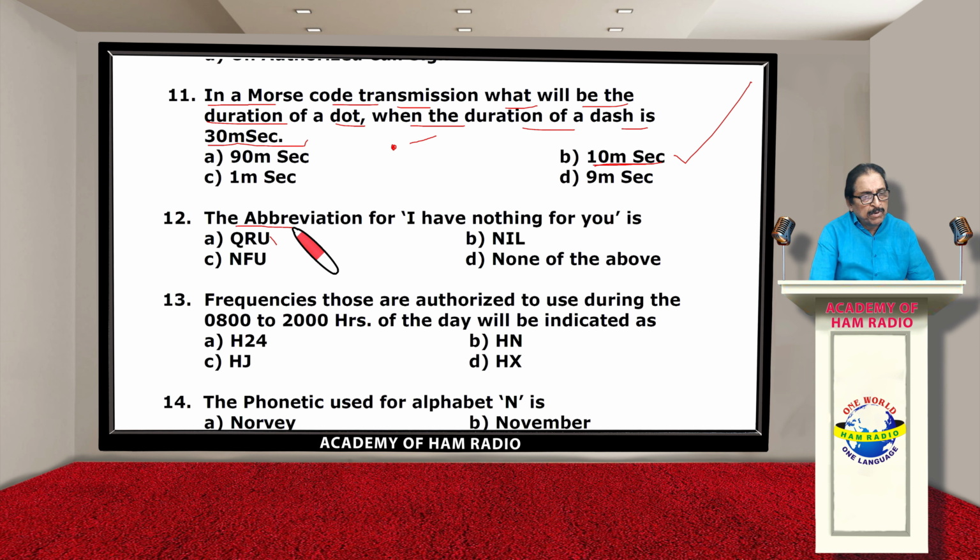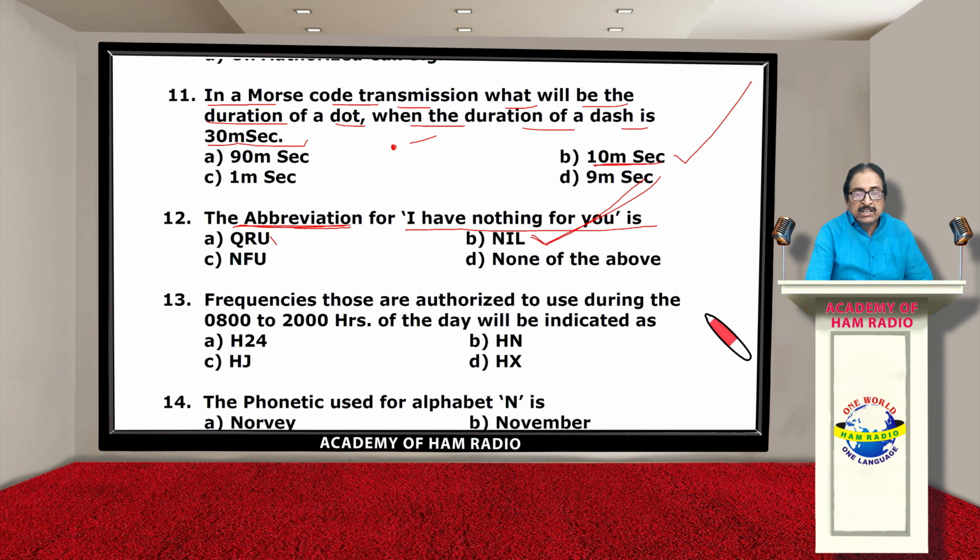It is an abbreviation. That is the mistake we will make. This is the abbreviation, not the Q code. The abbreviation for I have nothing for you we can simply identify as NIL, nothing. It is the abbreviation NIL.